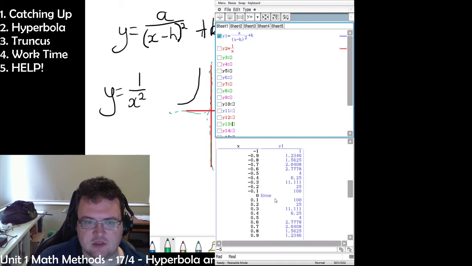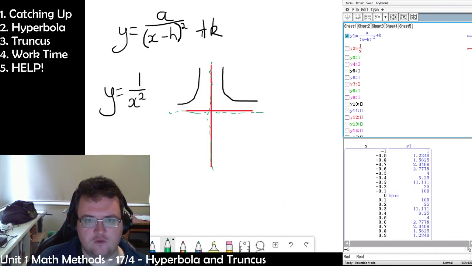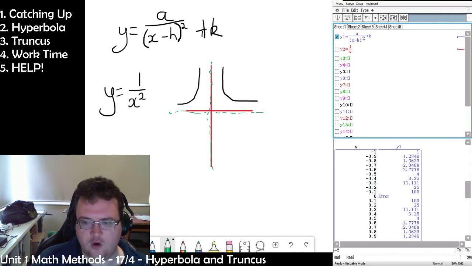They hit the asymptote, and then they start going back down very quickly. You would solve this the same way you would anything else. So let's go back and we'll try and solve an equation like this.